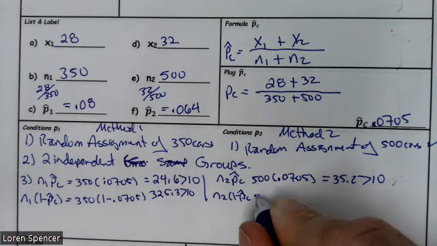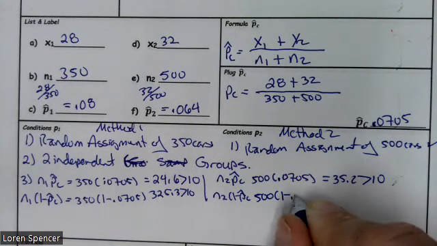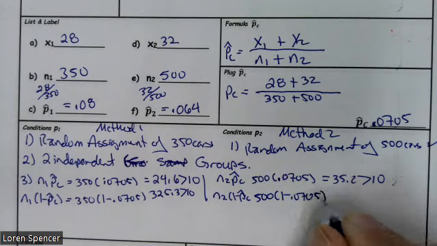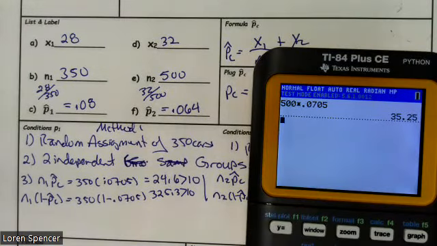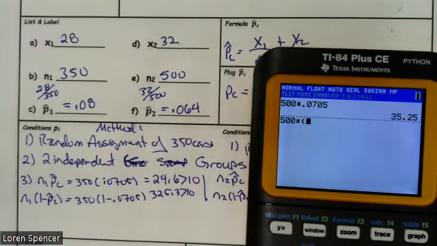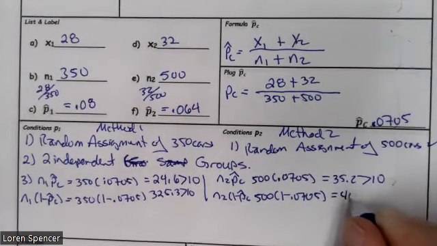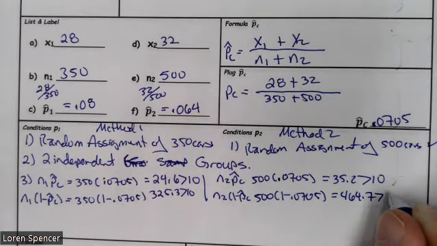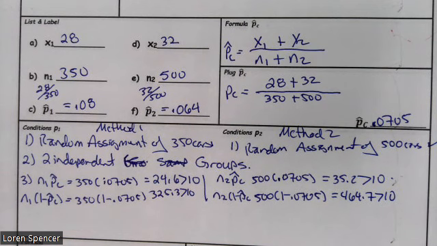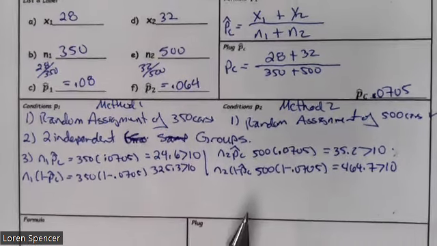And then 500 times 1 minus 0.0705 is 464.7, and that's greater than 10. So we know it's large enough to use a normal approximation.